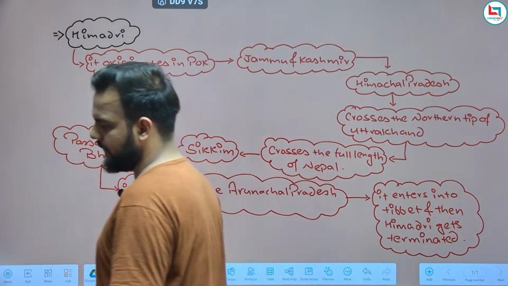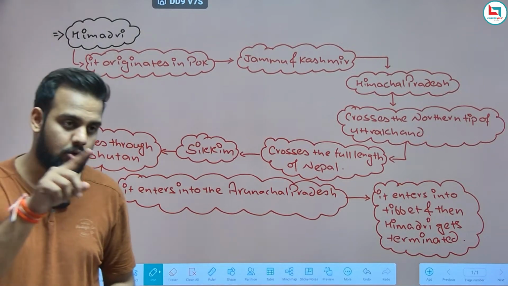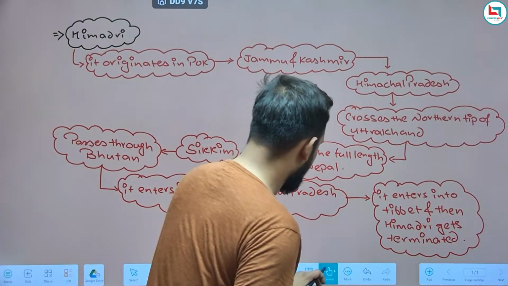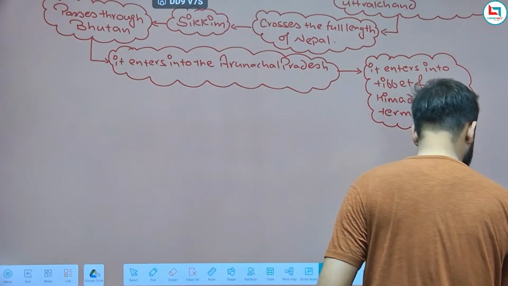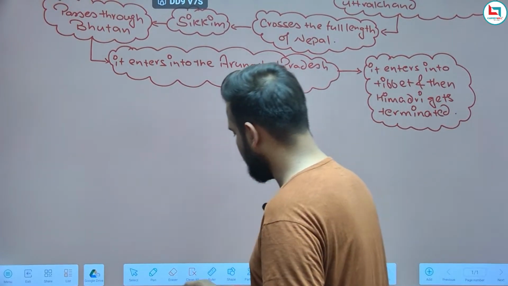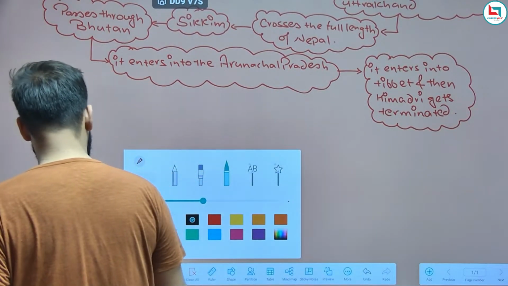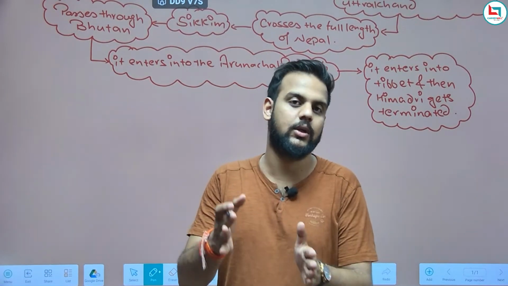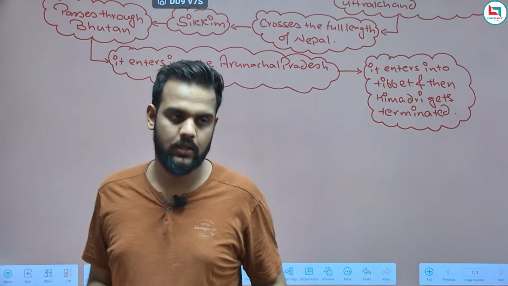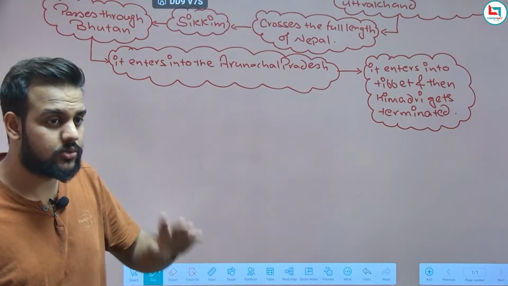Now, guys, after this we should also know one thing. When we talk about the longest mountain ranges, the Andes is the first longest mountain range of the world, which is present in South America.